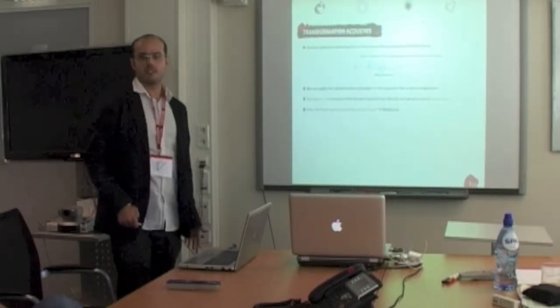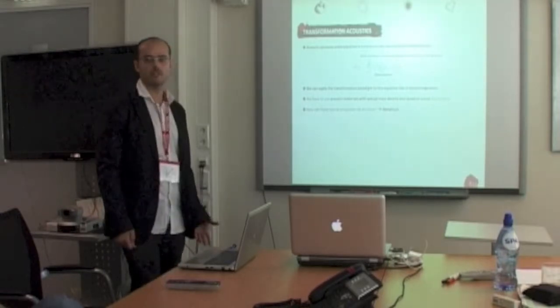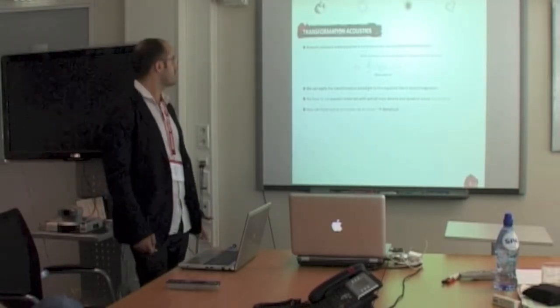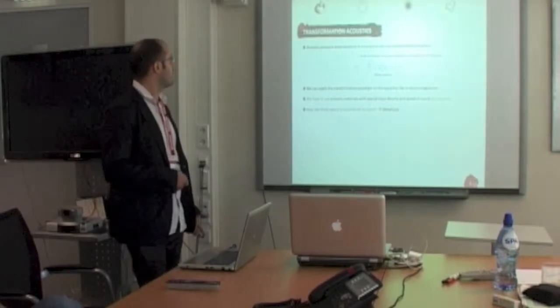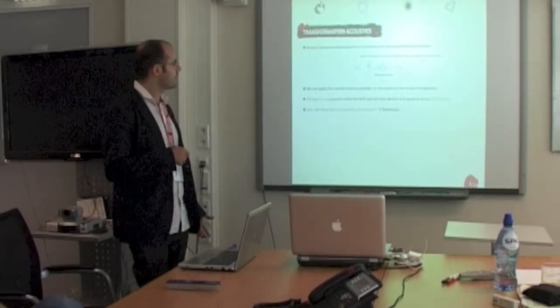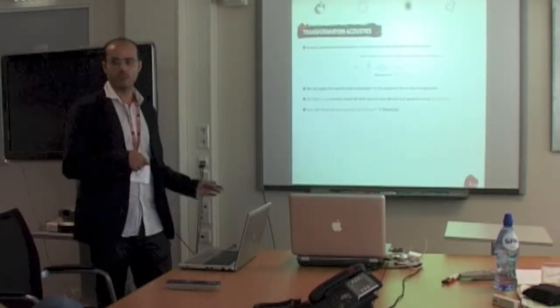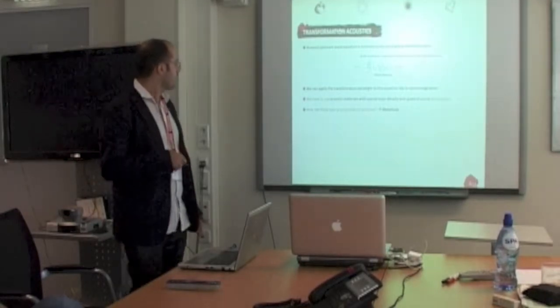So after the success of transformation optics, researchers tried to apply the transformation paradigm in the field of acoustics. To do so, they used the fact that the wave equation for the acoustic pressure is invariant under spatial transformations. It is this equation that we have here.